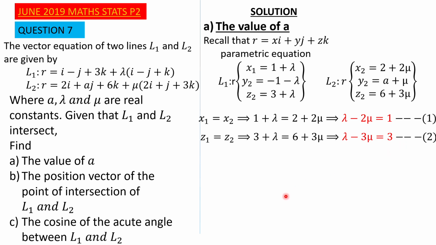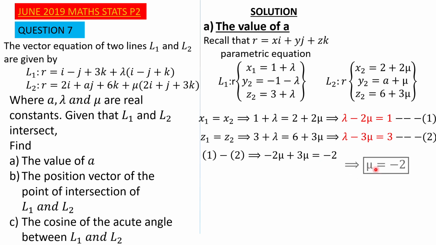Now, after having equation 1 and equation 2, you find the values of lambda and mu. To do so, I consider equation 1 minus equation 2. I will get lambda minus lambda is 0, and then negative 2 mu minus negative 3 mu, which is positive mu, is equal to 1 minus 3, which is negative 2.